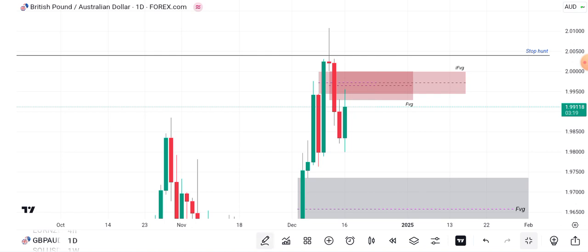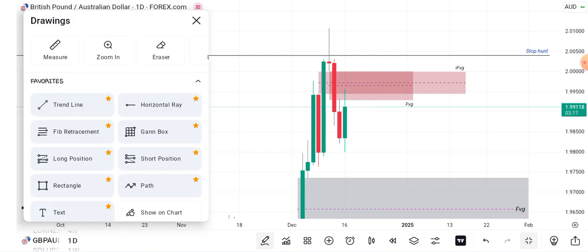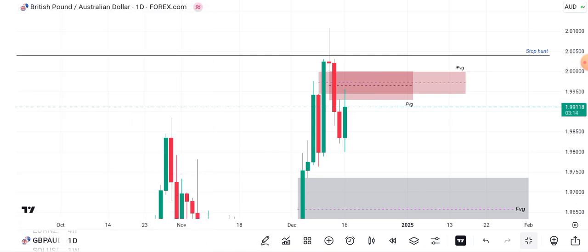Now, if this market was supposed to go higher, this fair value gap here that I marked as inversion fair value gap, that's the fair value gap between this large red candle and this kind of indecisive candle, let me say pin bar, and this large green candle.